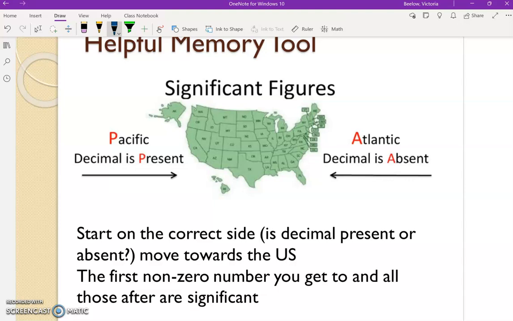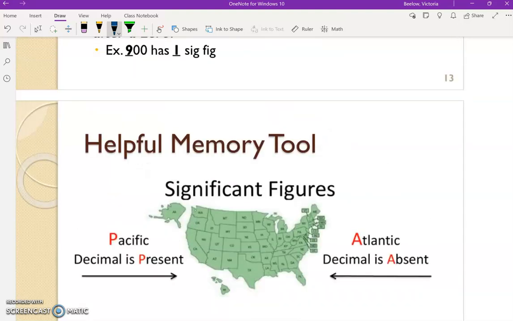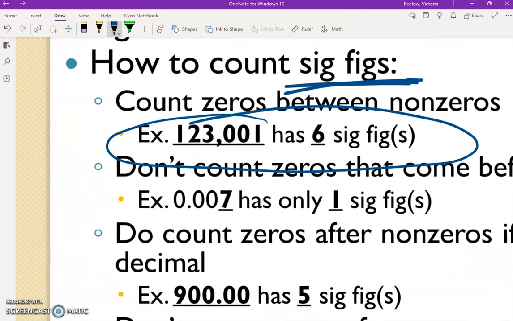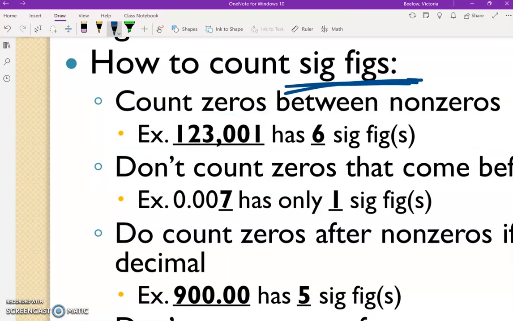And the first non-zero number you come across, you're going to count that and everything that comes after it as significant. So if I'm looking at this number here and I start, I'm going this way because I'm approaching from the Atlantic side, the first non-zero number I come across is going to be 1. So I would start counting the sig figs from here and everything that comes after that. So I would have 1, 2, 3, 4, 5, 6 significant figures.